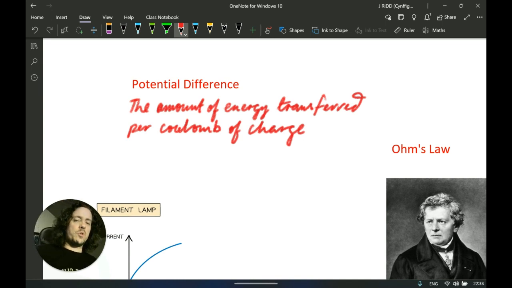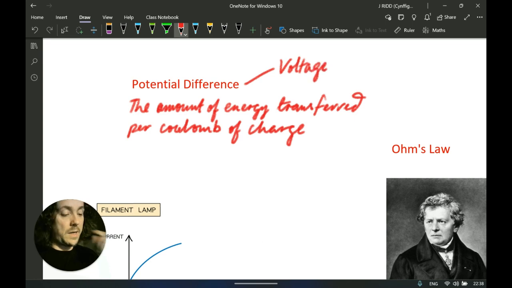Amount of energy transferred per coulomb of charge. And therefore, you can already think about what the unit of measurement is. I know you might know this as voltage, same thing. And of course, it is measured in volts.